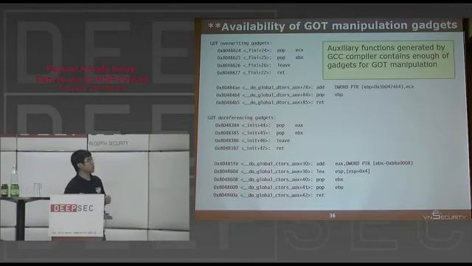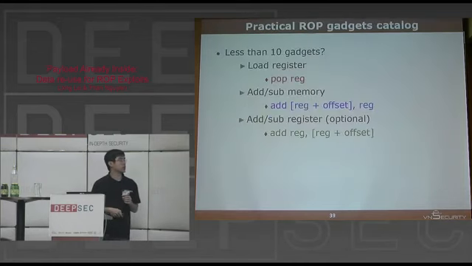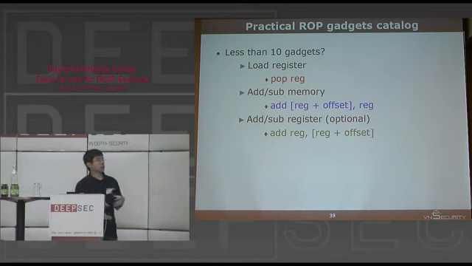That's why we were talking about those auxiliary functions in GCC, where it's less dependent. I don't care what the program is doing, because those gadgets are always available in the destructor and constructor functions of libc and the GCC-generated program.